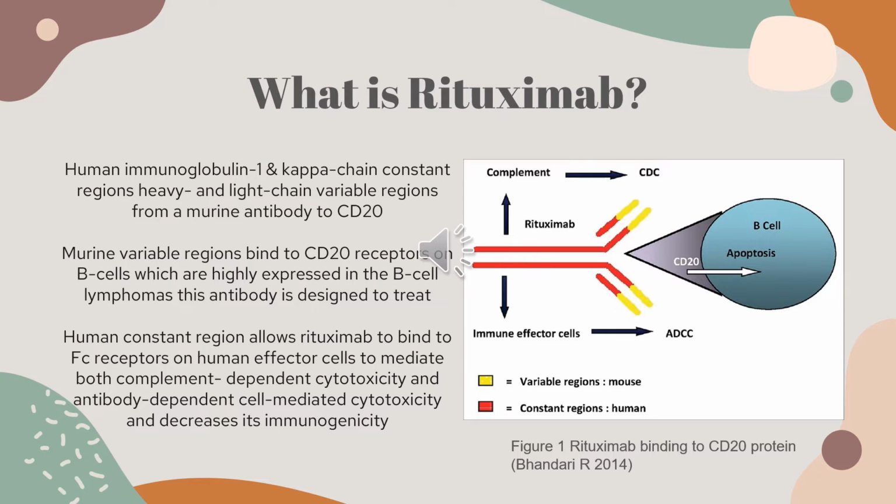The presence of a human constant region allows rituximab to bind to Fc receptors on human effector cells to mediate both complement-dependent cytotoxicity and antibody-dependent cell-mediated cytotoxicity and decrease its immunogenicity.